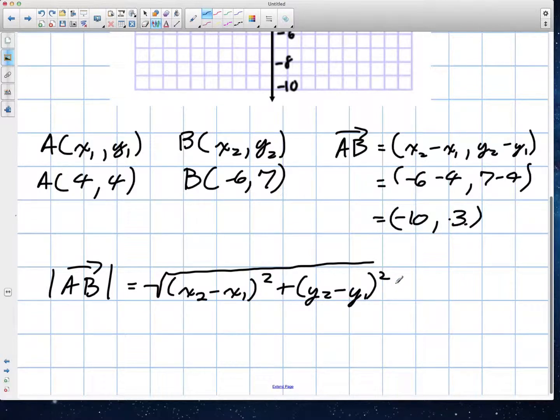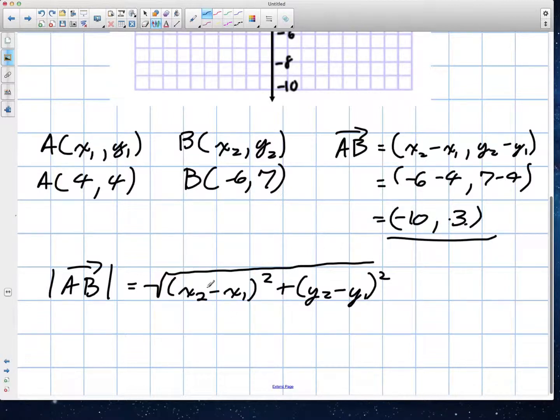This is also known as a distance formula. When you're finding the distance of a line, which is essentially the magnitude of this vector, it's quite straightforward.